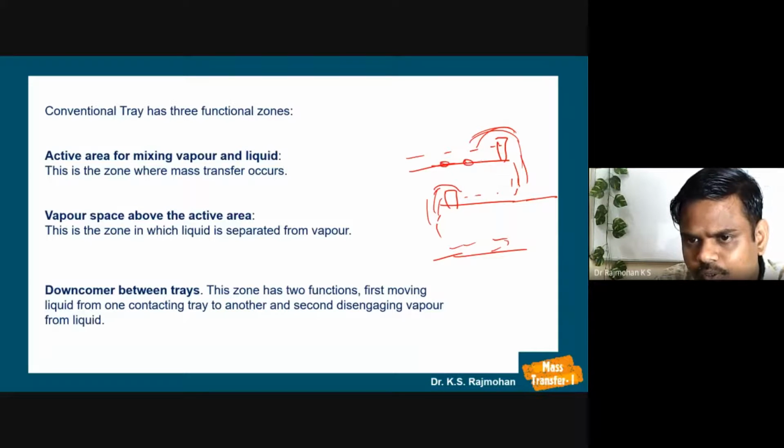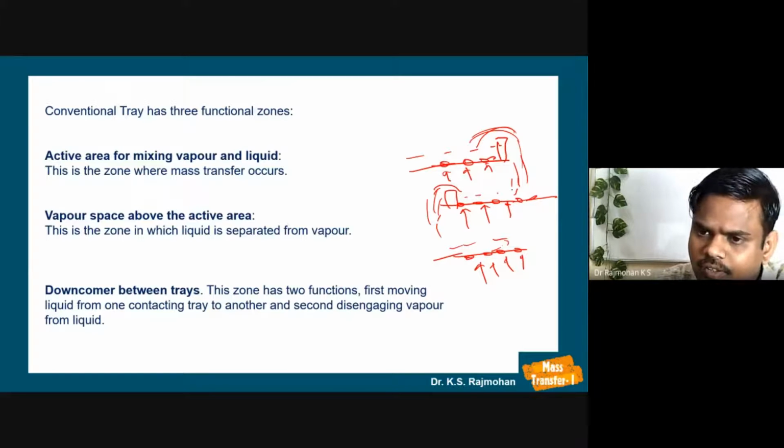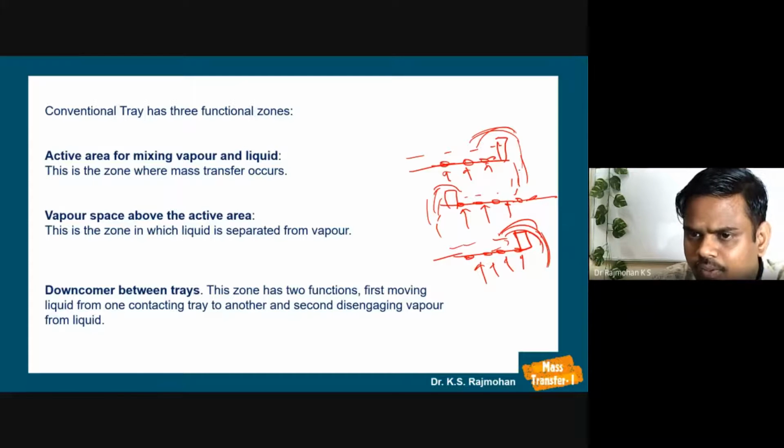Through the holes the gases will be entering from the bottom plate to the upper plate. So there will be openings in the plate through which the gas will be entering, and the liquid will be using the downcomer. Through the downcomer, the overflow of liquid from the upper plate to the lower plate will be taking place.